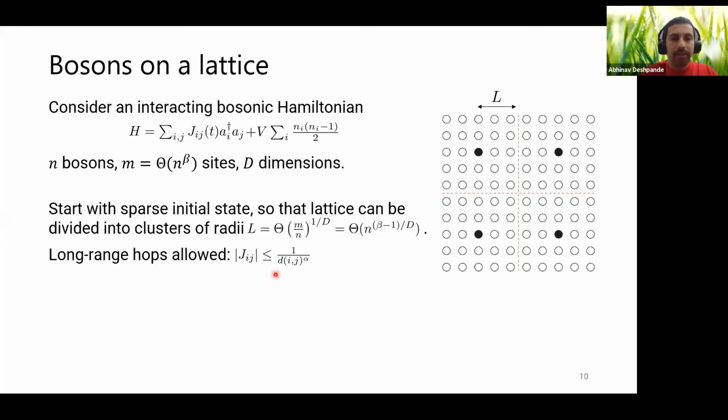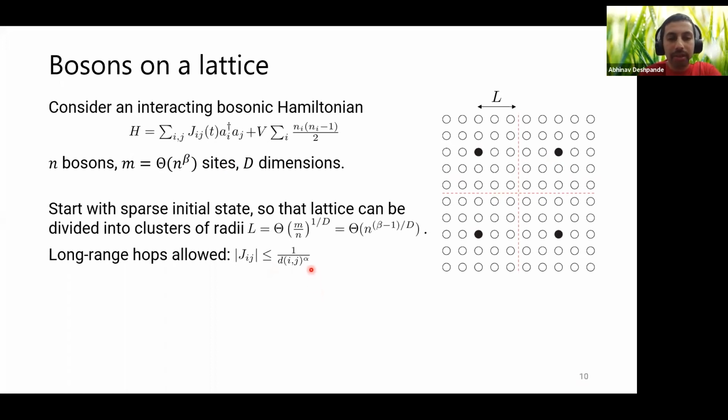Further, we allow for long-range hops, meaning that for a boson to hop from one site to another in one step, it's possible to do that, but the strength of the hopping term decays as a power law of the distance between the two sites.